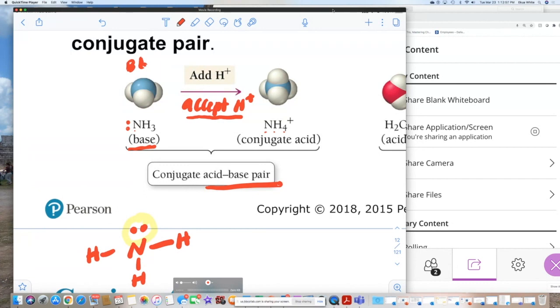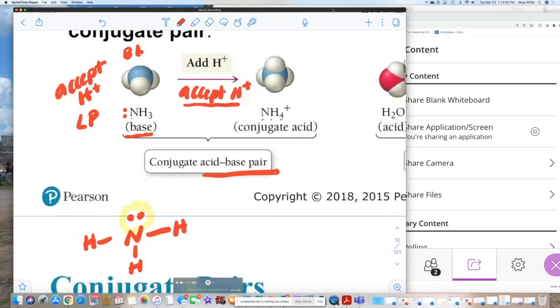So we have two ways to tell. One is that it's a base because it has lone pairs. The other is that it accepts H plus.